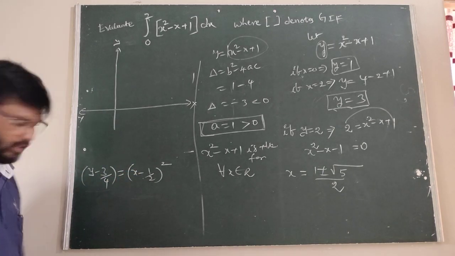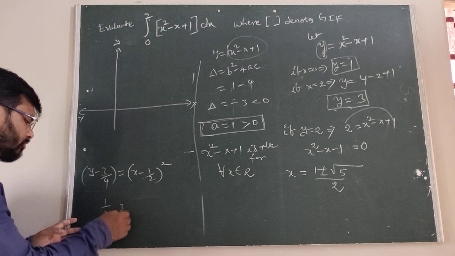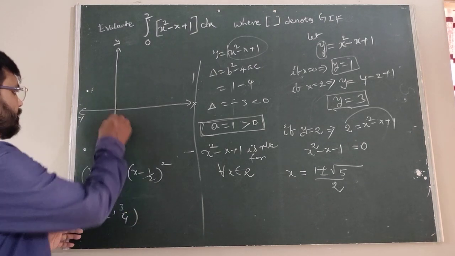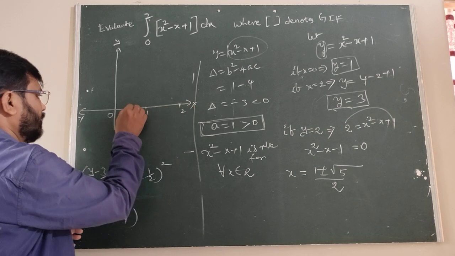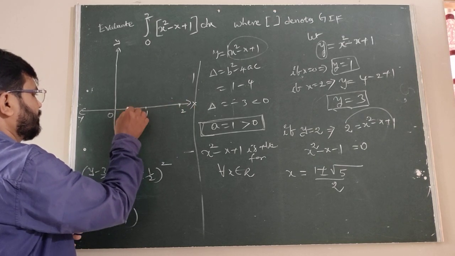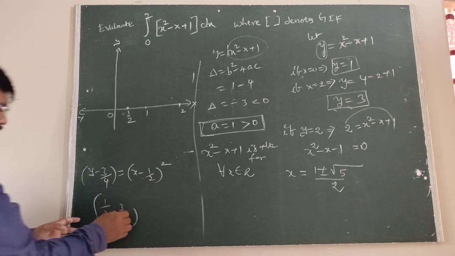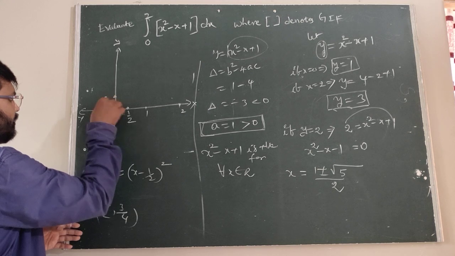Here the vertex is 1 by 2 comma 3 by 4. This is 0, this is 1, this is 2. Undoubtedly this is 1 by 2. The image of 1 by 2 is 3 by 4.